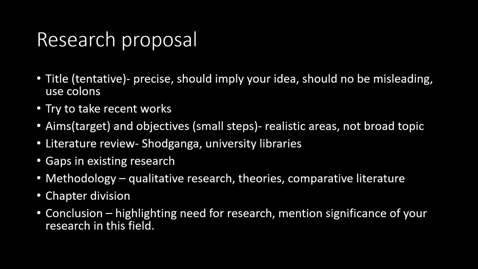After the methodology comes chapter division. Usually people have five chapters, the first being introduction and the last being summation, and the three in between would be the core chapters. You can opt for seven chapters or nine chapters. Those scholars who are especially focusing on poetry usually go for a larger number of chapters, like seven or nine.